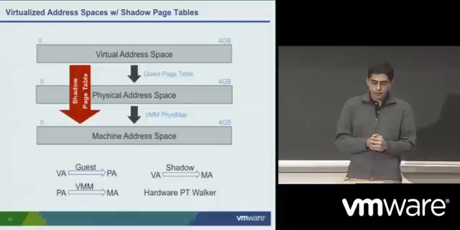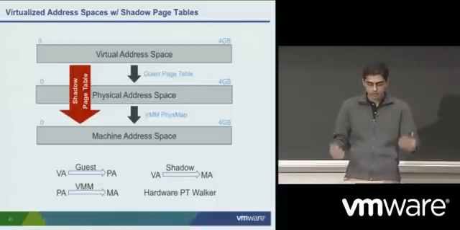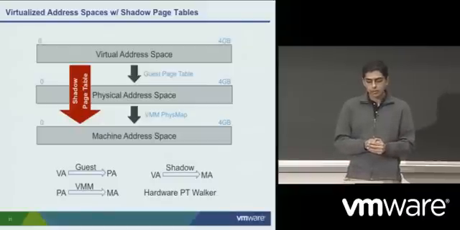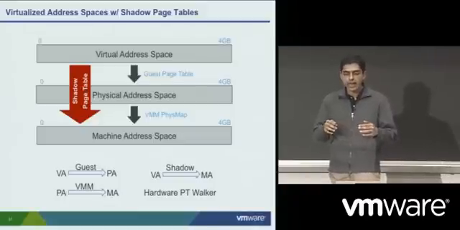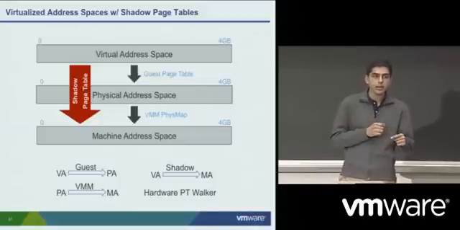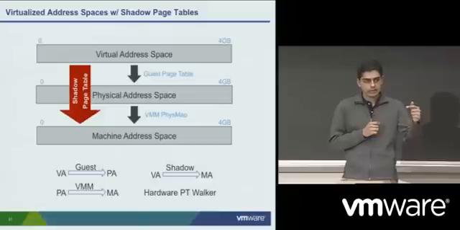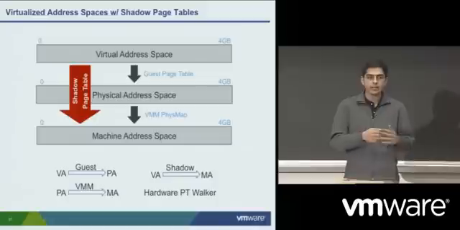So if you want the virtual address to be directly translated to the underlying machine's machine address, one way of doing that would be to use something called a shadow page table, where the idea is you would have the hardware's page table walker point to this special data structure called the shadow page table, which translates guest virtual addresses directly into the underlying machine's machine addresses.